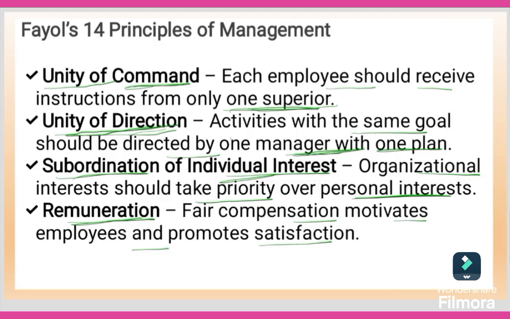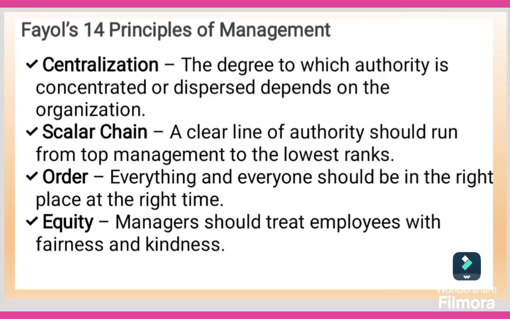Next one is centralization. Centralization is the degree to which authority is concentrated or dispersed, depending on the organization. This is centralization. Next is scalar chain. Scalar chain is a clear line of authority that should run from top management to the lower rank. That is, the goal should be clear from top to bottom.